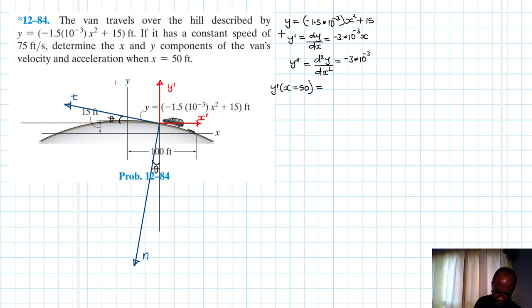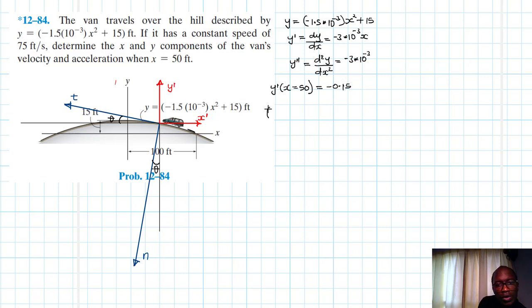So that's minus 3 by 10 to the power negative 3 times 50. This gives us minus 0.15. Great.